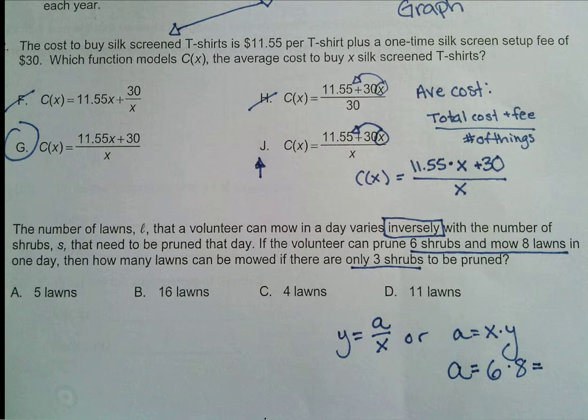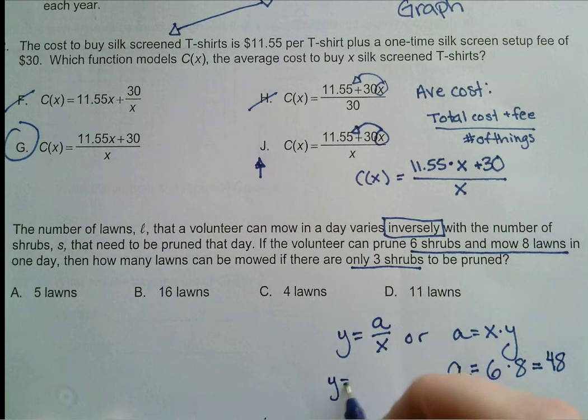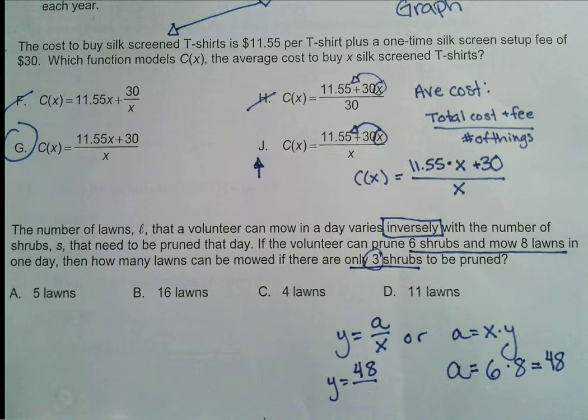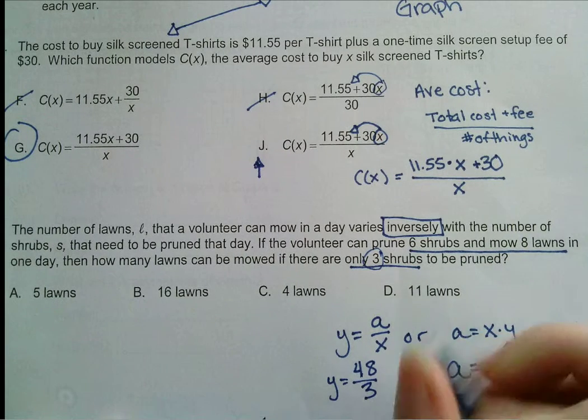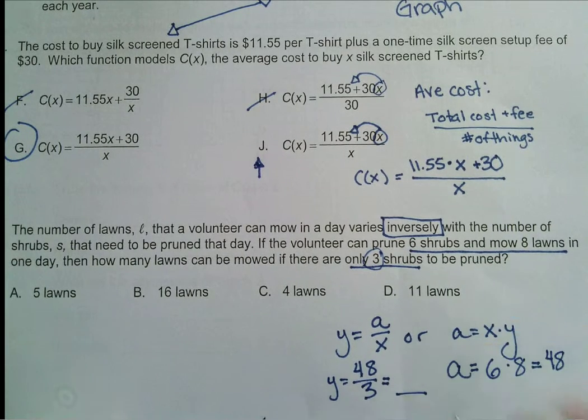Now I just say, okay, y is equal to 48 divided by x, which in this case is my 3 shrubs. So you could go on your calculator and say, what is 48 divided by 3, which gets you 16, which is answer B here.